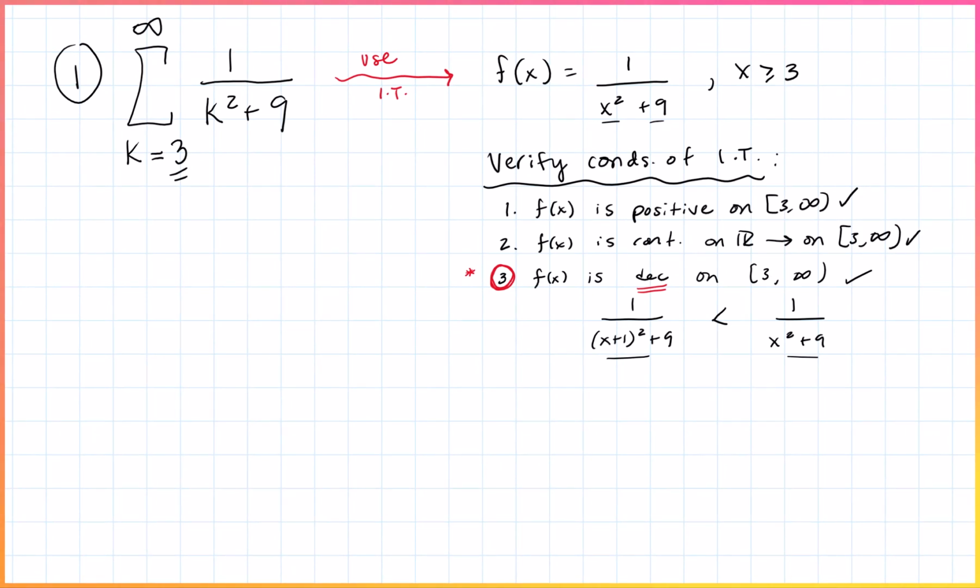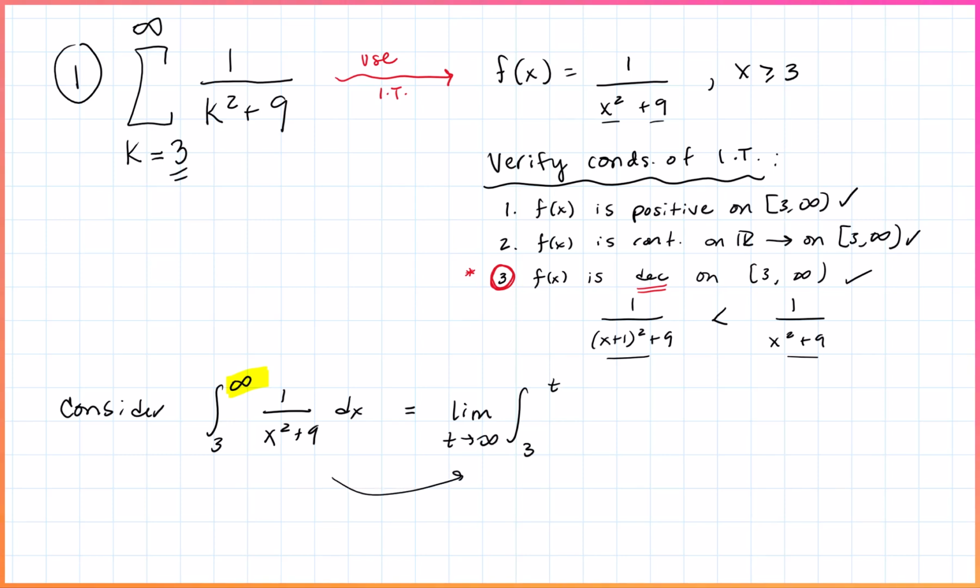So now we're going to say, well, let's consider the integral from 3 to infinity of 1 over x squared plus 9 dx. Well, that's an improper integral, type 1. So the first thing we do is replace that upper bound with a t, and we're going to let t go to infinity.